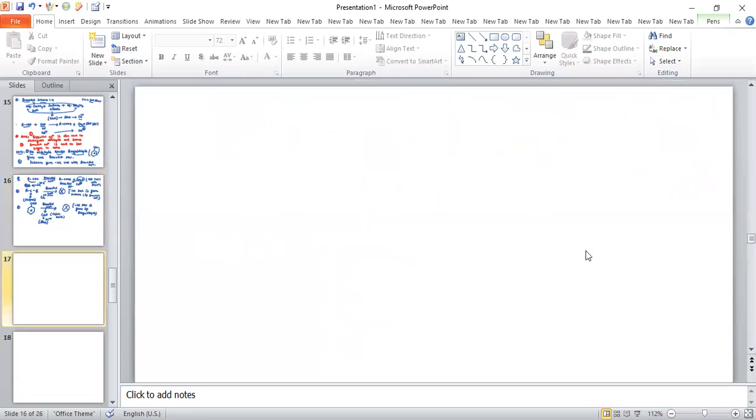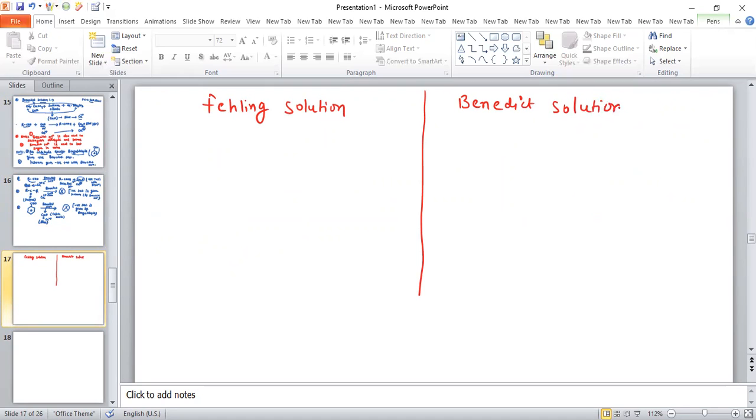One column I am making for Fehling solution and another column for Benedict solution. So I am dividing into two parts.